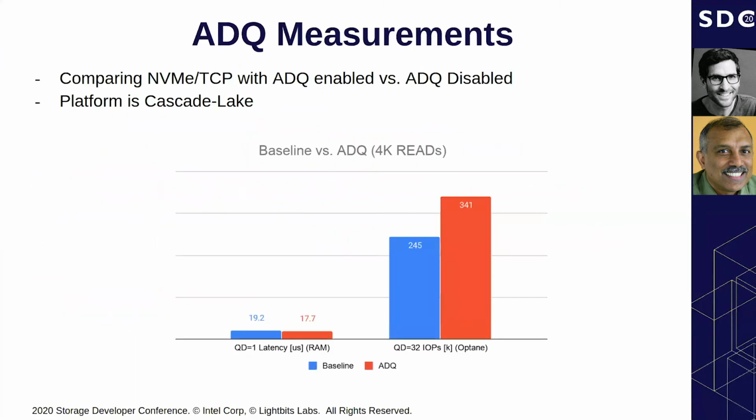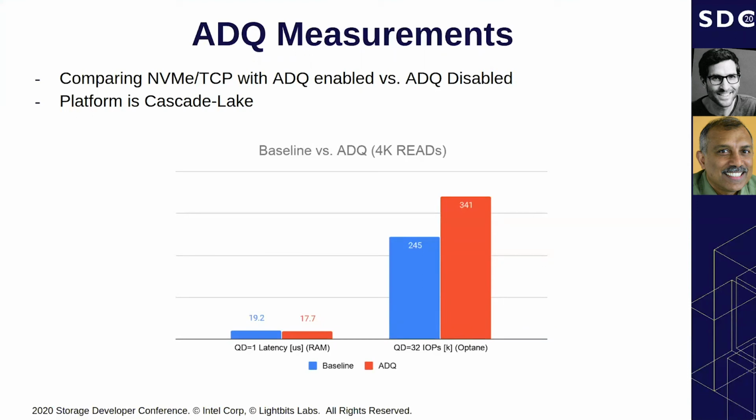So let's take a quick look at this data that's being shown here. What you can see is that for Q depth equals 1, and depending on how aggressive your adaptive interrupt moderation is, the latencies on this platform are just a shade under 20 microseconds for block requests to a RAM disk.